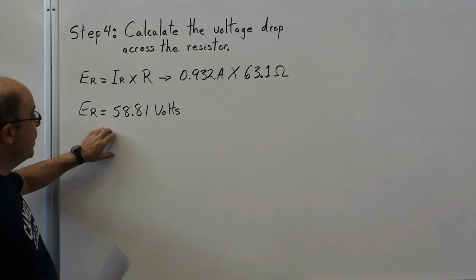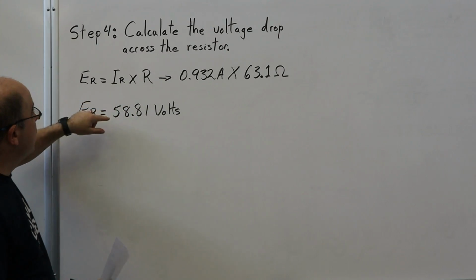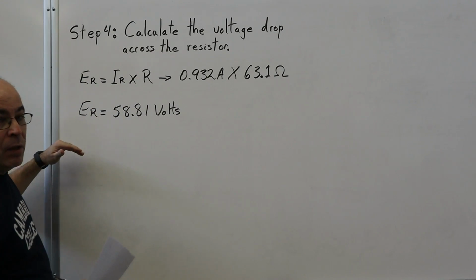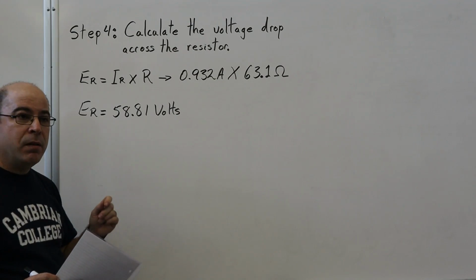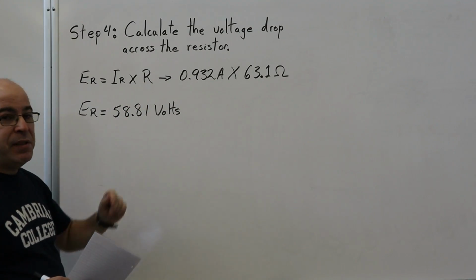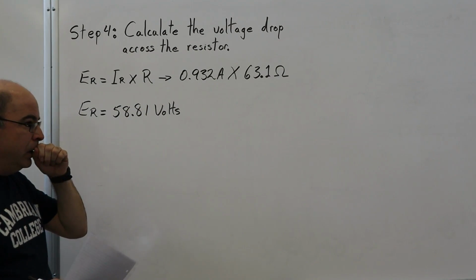Now that I have this, I can use this value and proceed to step 5, which was, as we mentioned previously, calculate the amount of true power that resistor is consuming.